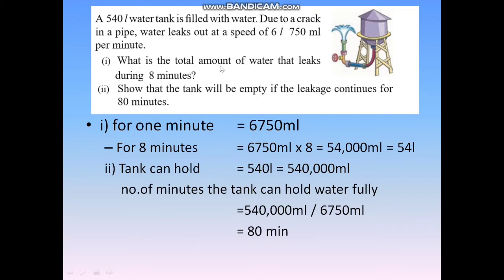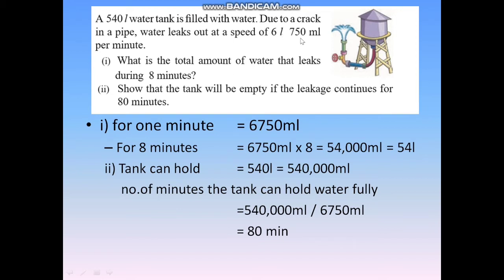We have to find the total amount of water that leaks during 8 minutes. See, per minute 6 liters and 750 milliliters is leaking out. We have to find how much water will leak for 8 minutes.